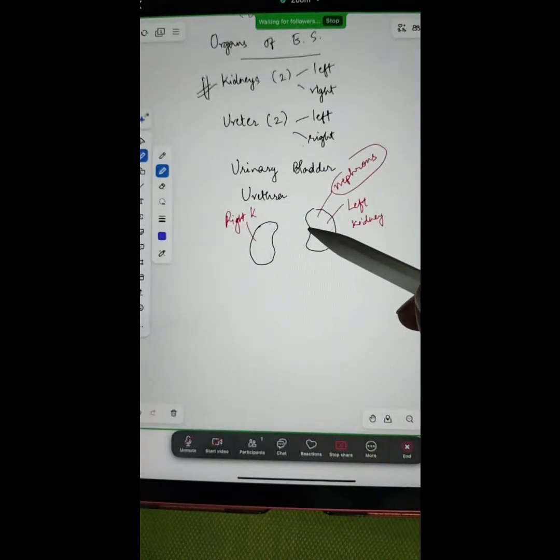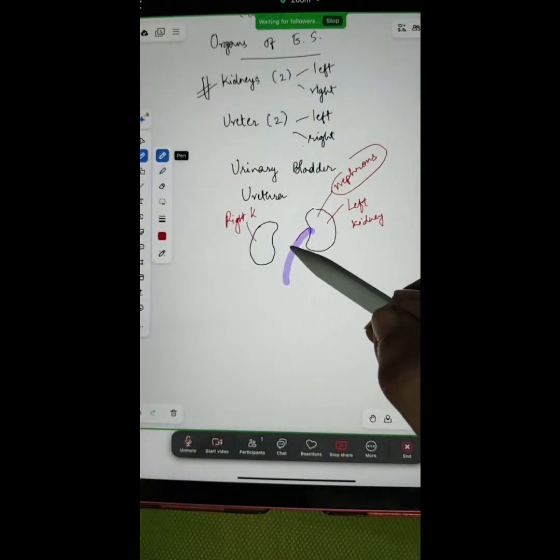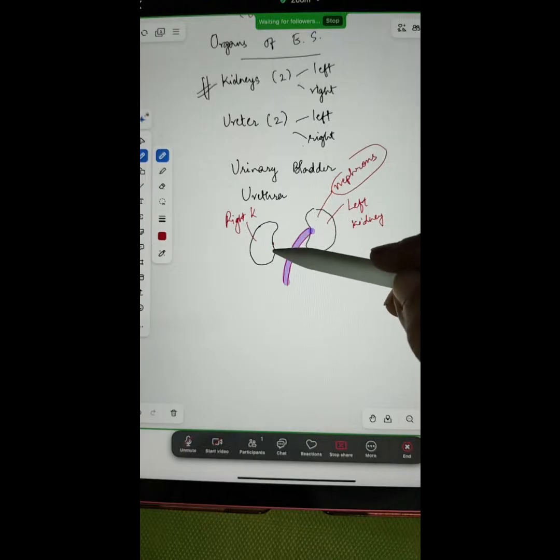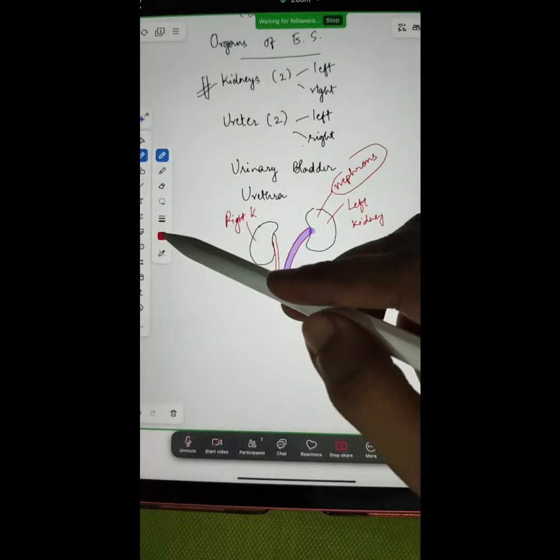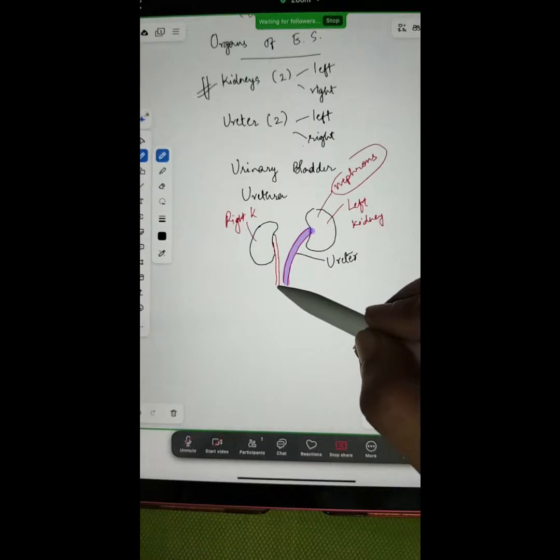So as I spoke, the left kidney will lead to the left ureter, and the right kidney will lead to the right ureter. The ureter is a tube-like structure that carries the urine from the kidney and sends it to the urinary bladder.